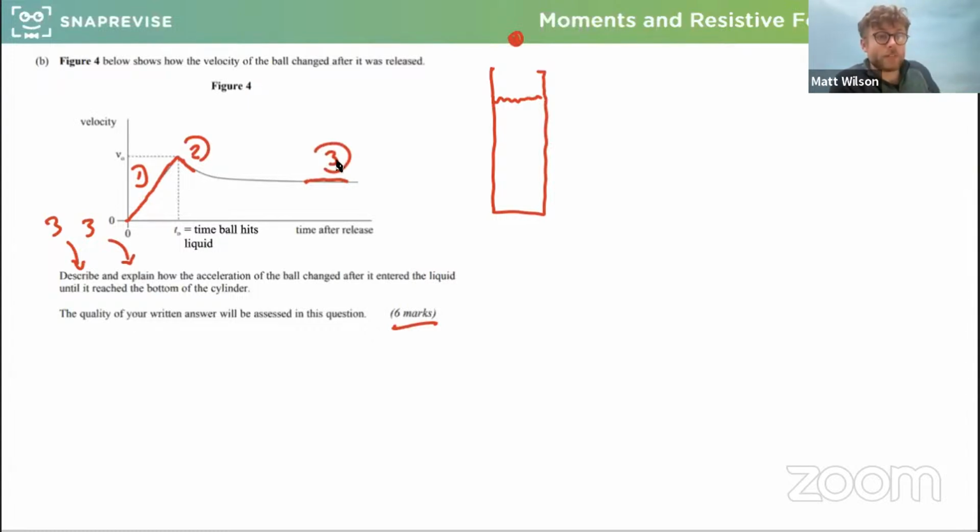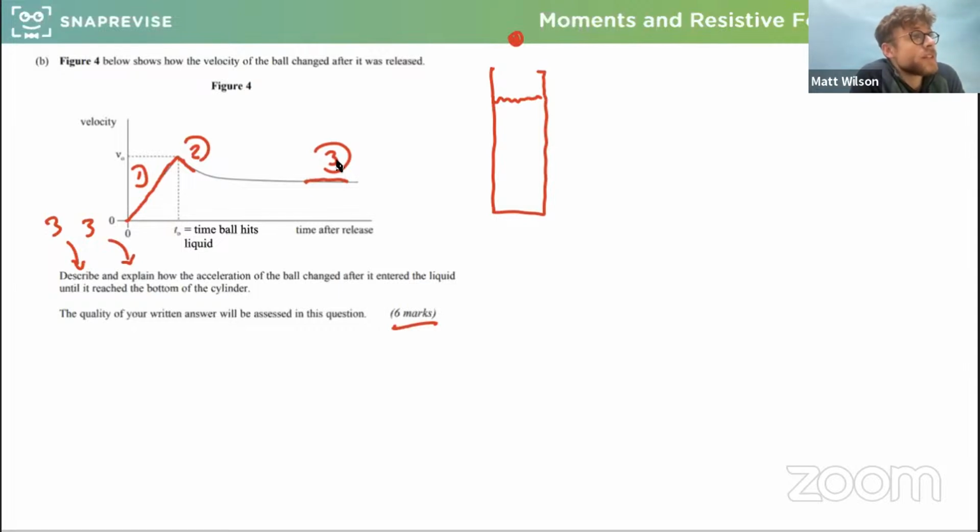Okay, so first of all, we just have to describe each one. And maybe the key thing in this question is to know what is the gradient of a velocity time graph? This is going to be key for us to answer this question. We've been given a graph of velocity against time. We're being asked to describe and explain how the acceleration of the ball changed after it entered the liquid.